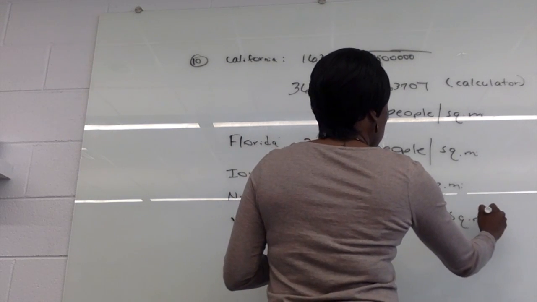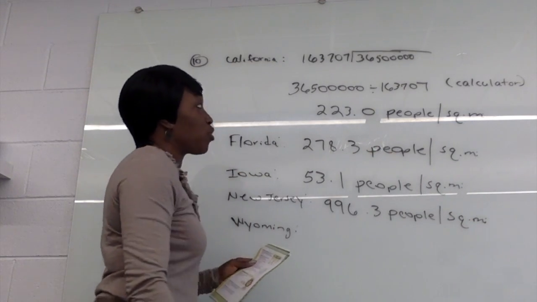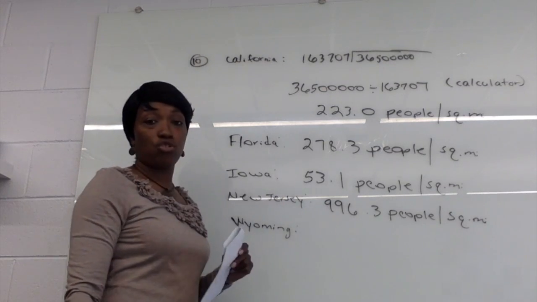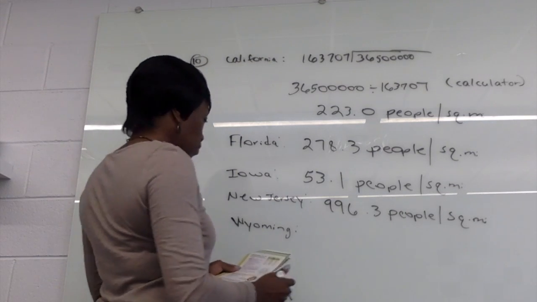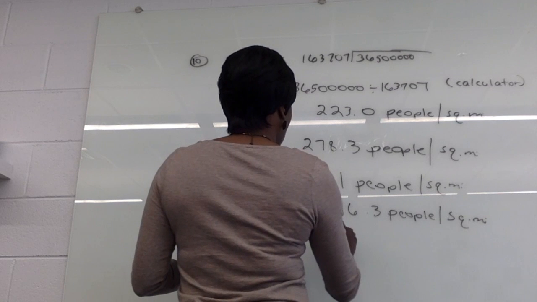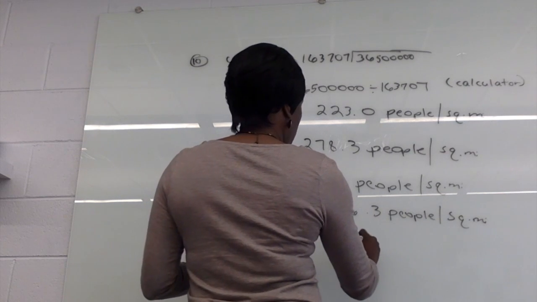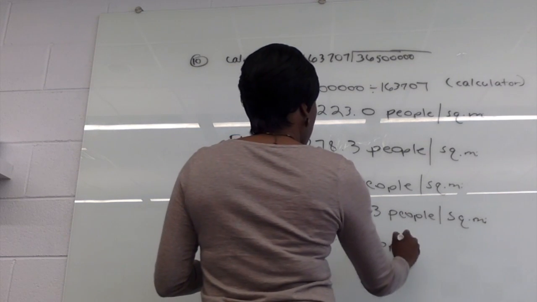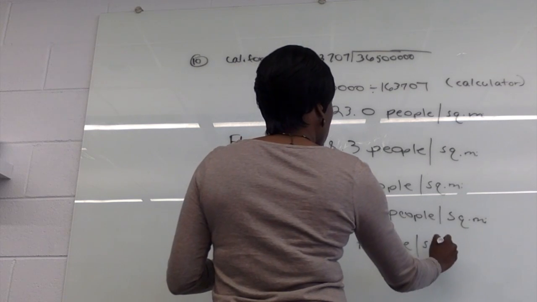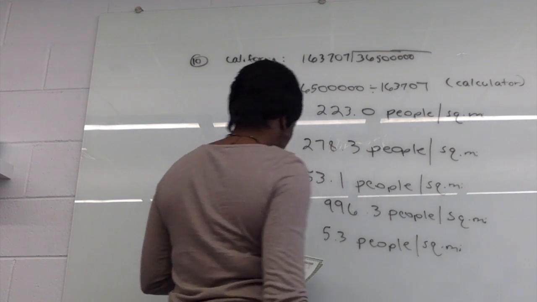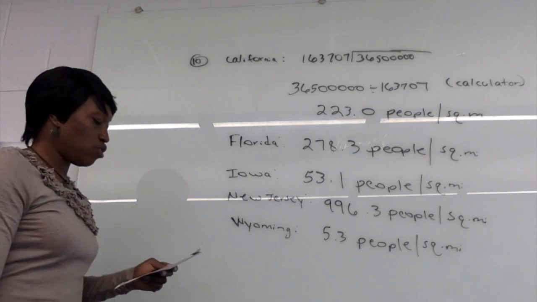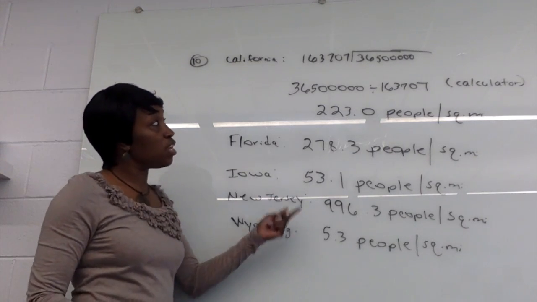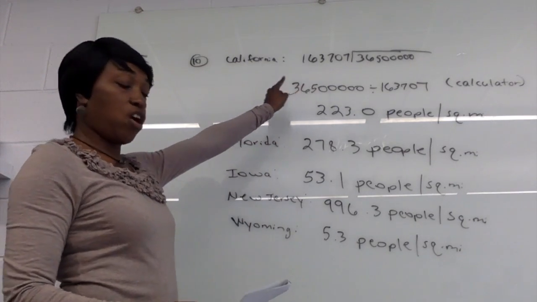And once again, you don't have to do all the long division since these are bigger numbers. I'm going to allow you to use your calculators on these. And then, of course, for Wyoming, you should get 5.3 people per square mile.